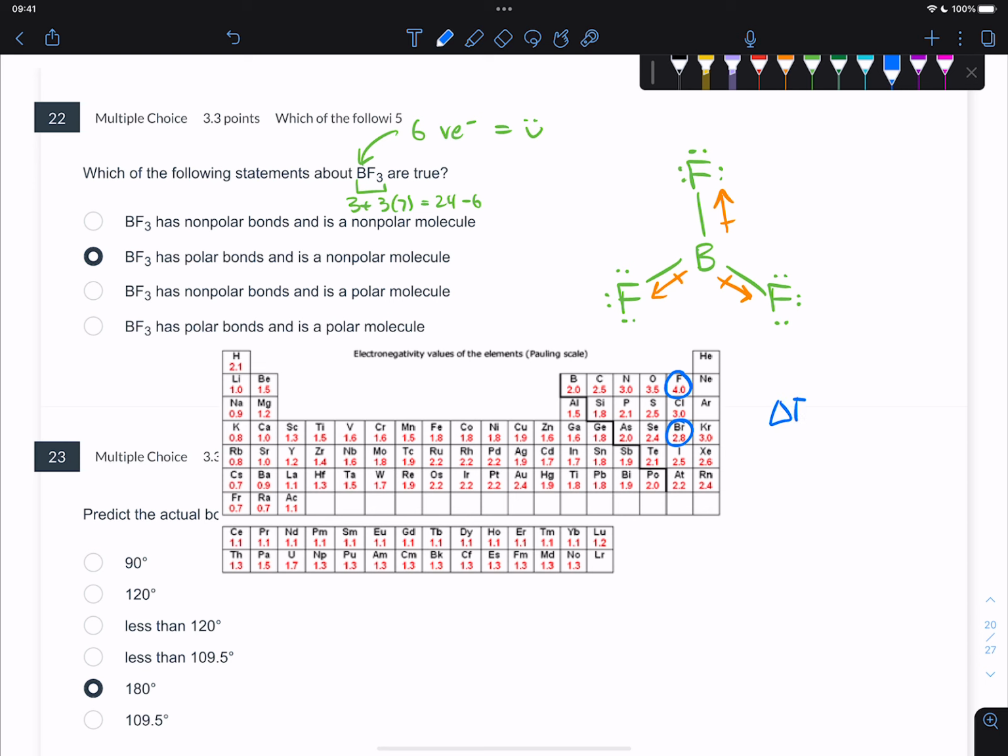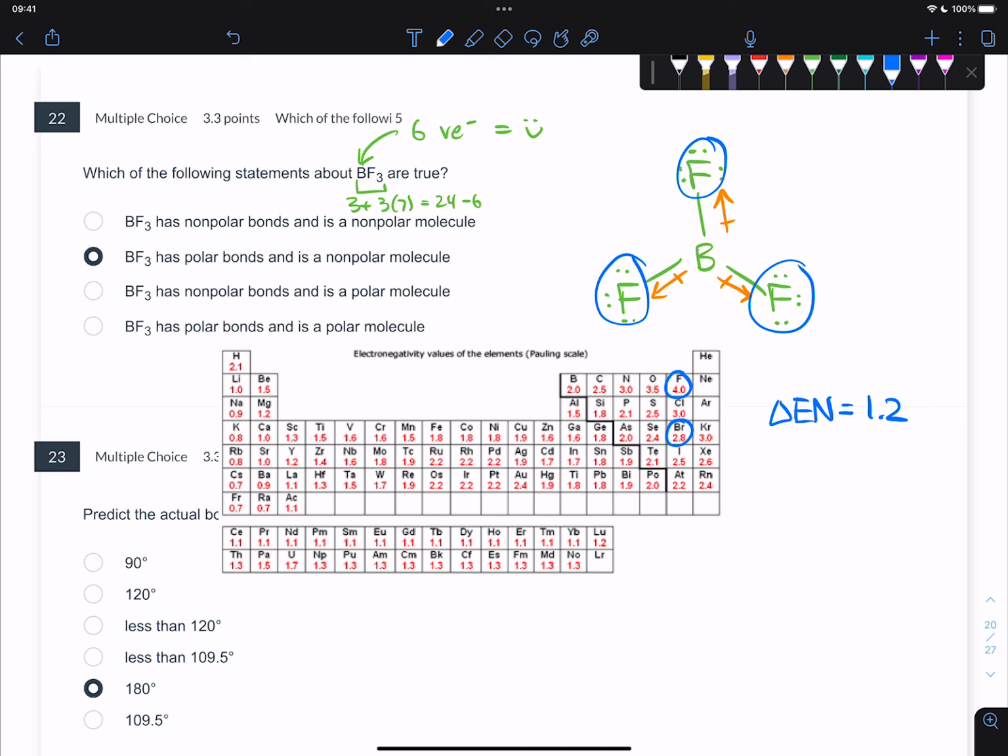The difference in electronegativity is equal to 1.2. So it falls within the polar covalent range. However, because every atom on the outside is the same and the central atom has no lone pair, it's very safe to assume that this is a nonpolar molecule.